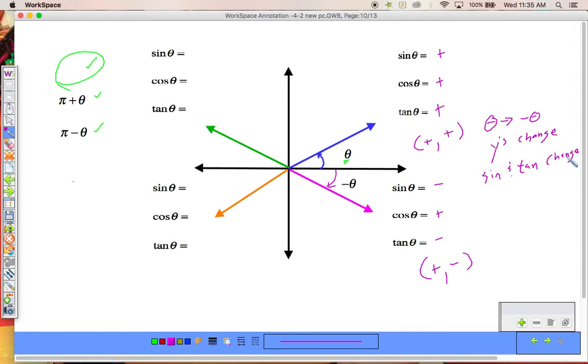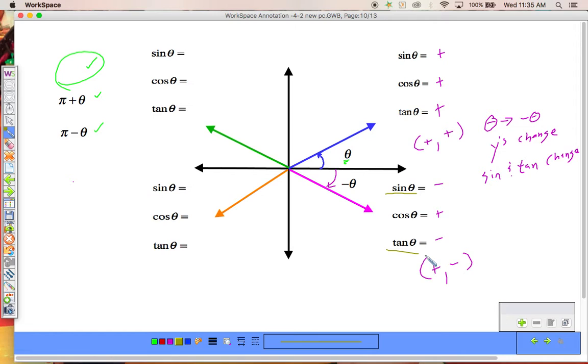If I go from an angle theta, which is on the top, to my angle negative theta, which is on the bottom, that's a reflection over the x-axis, which changes my y values. My cosine is going to stay the same, but my sine and tangent are going to become the opposite. From theta to negative theta, that goes from the top to the bottom. My y's change, and anything that has a y in it, like sine and tangent, changes. That's our thoughts.